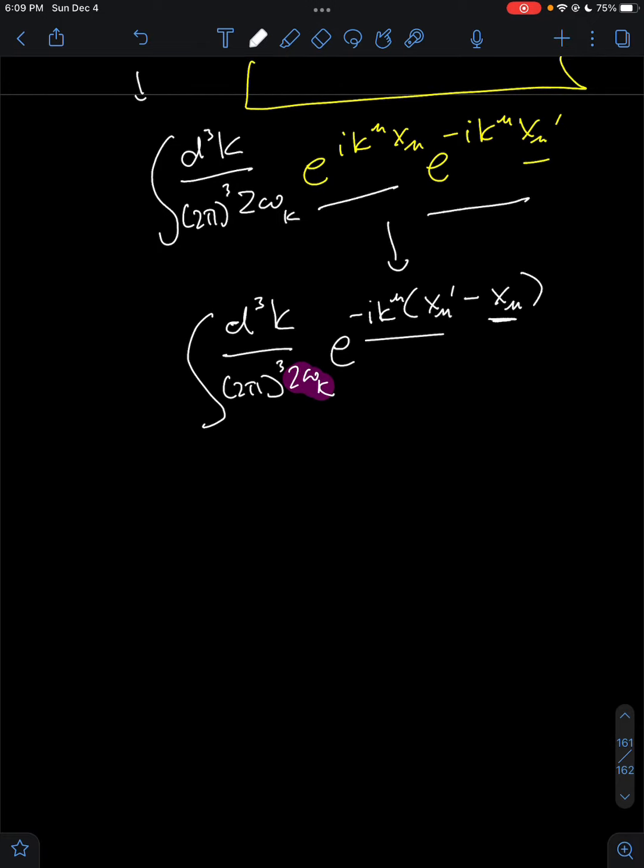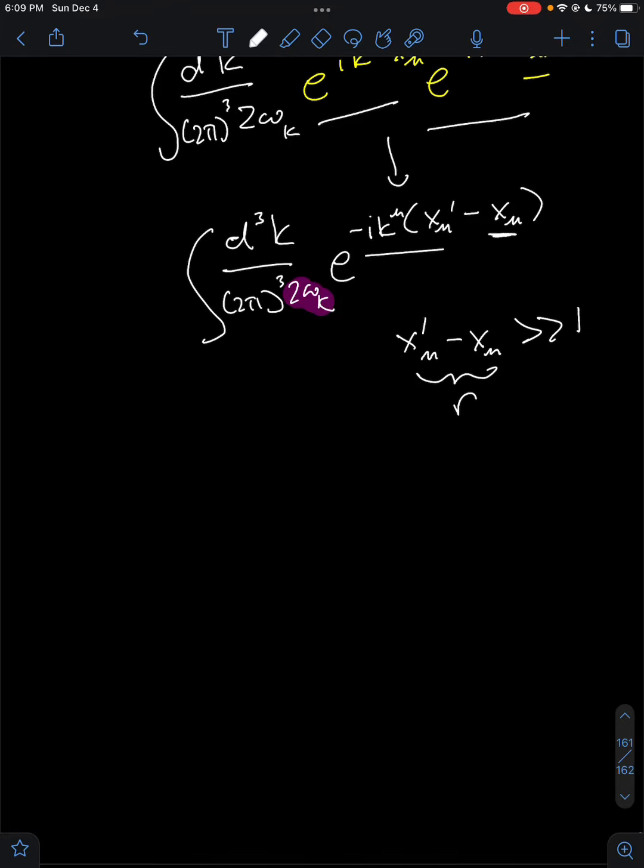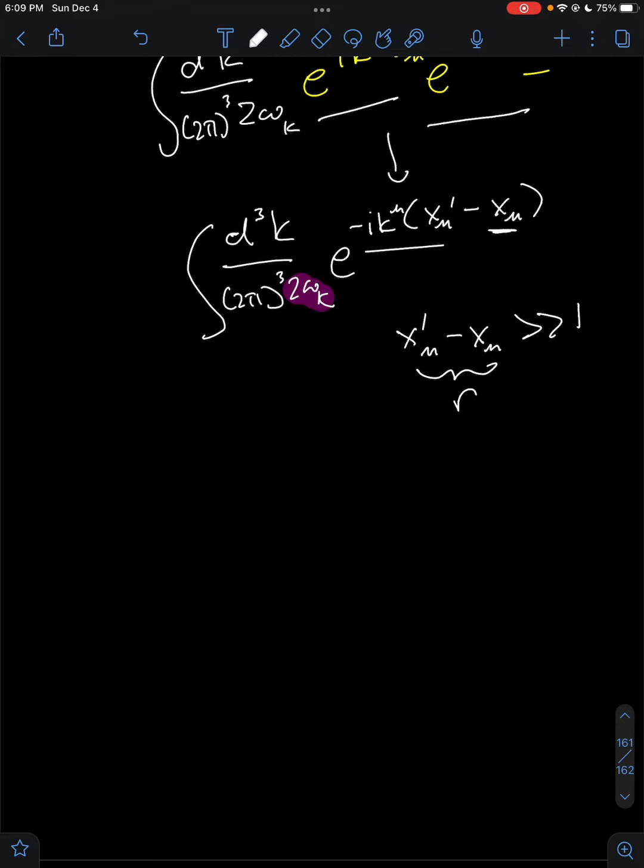In fact, for large distances, so when x mu prime minus x mu is much larger than 1, and let's just redefine this to be r, the distance between the 2 points. For large distances, this expression behaves like the function e to the minus m r, where m is just some scalar constant.